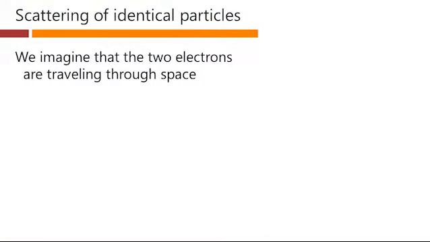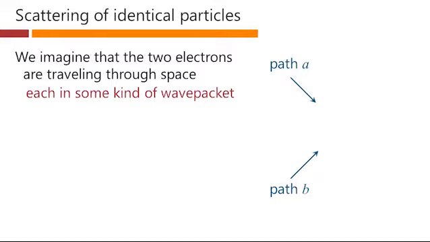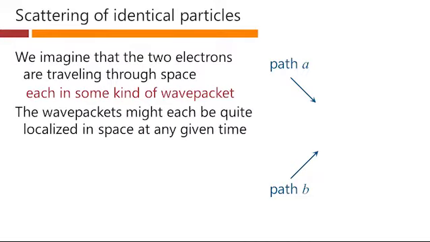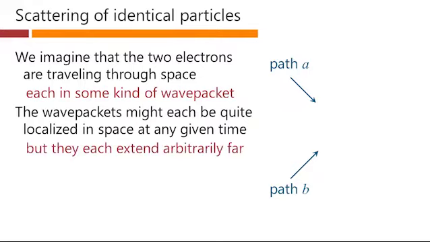We imagine that the two electrons are traveling through space. So here we have a path A and a path B. And each, we presume, is in some kind of wave packet. The wave packets might each be quite localized in space at any given time, so perhaps one of them is localized round here, and the other is localized round there at some time.